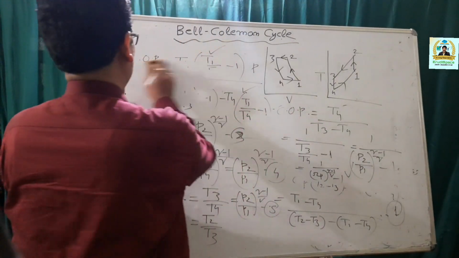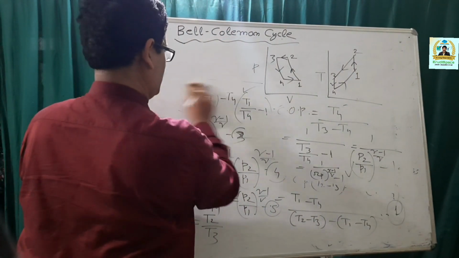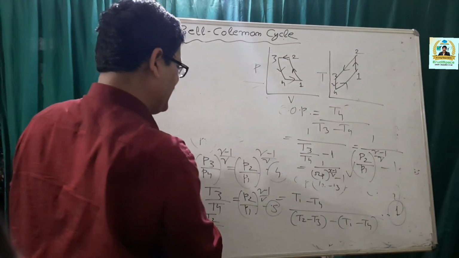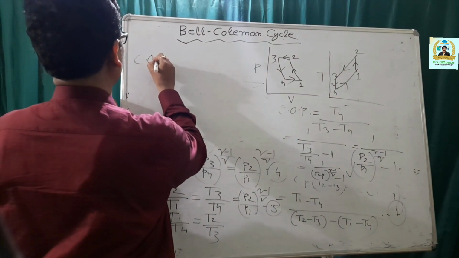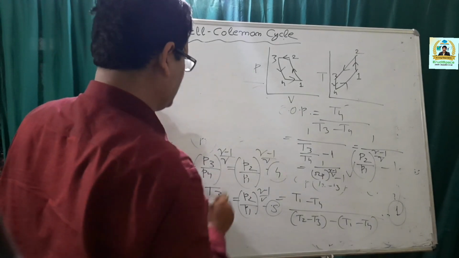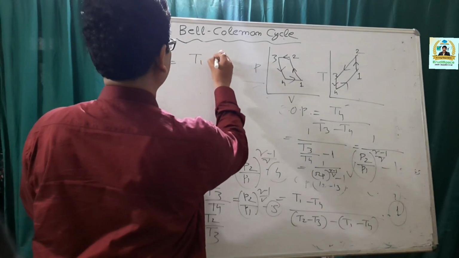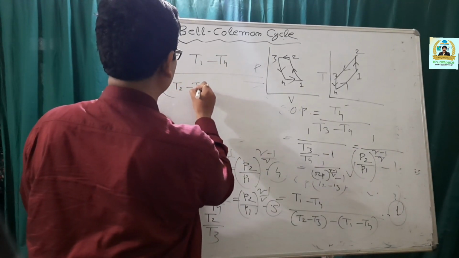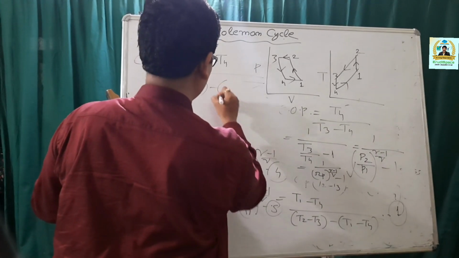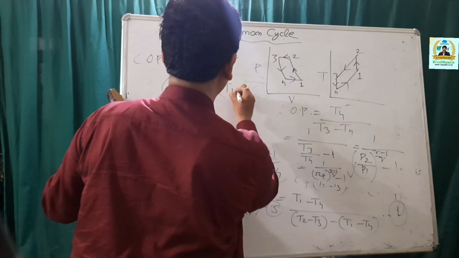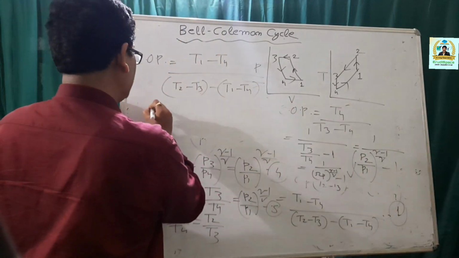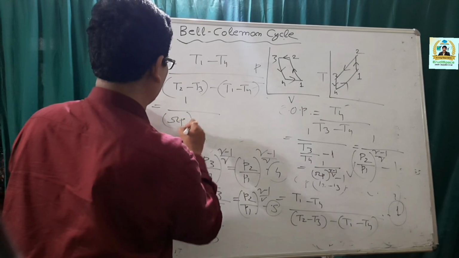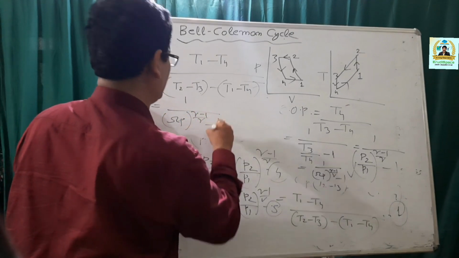So now you have two expressions for C.O.P. For clarity, let me rewrite those expressions. C.O.P. in terms of temperature parameters may be represented as T1 minus T4 divided by T2 minus T3 minus T1 minus T4, and that is also equal to 1 divided by Rp to the power gamma minus 1 by gamma, minus 1.